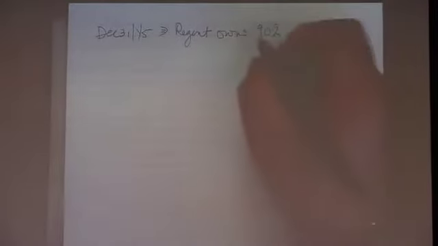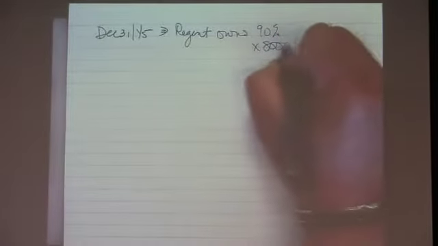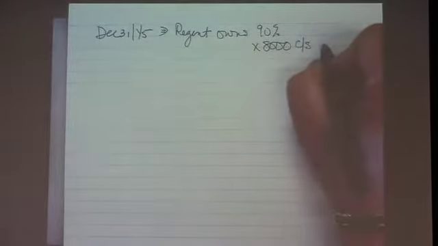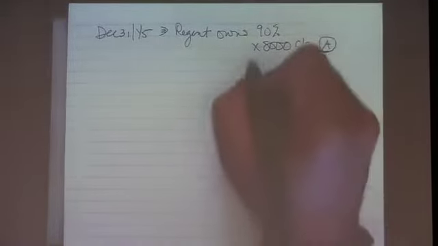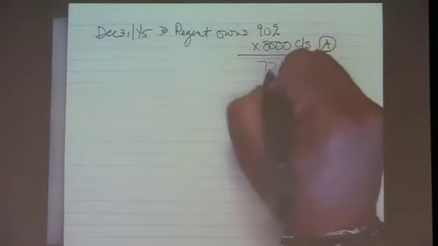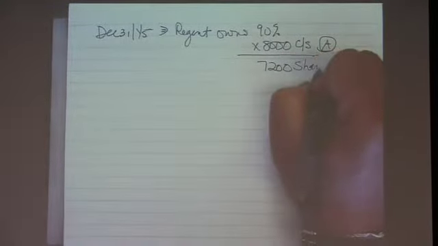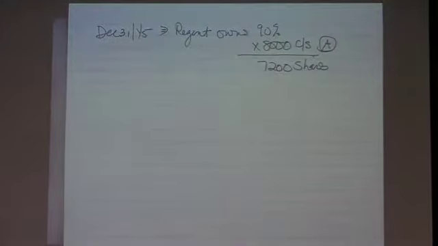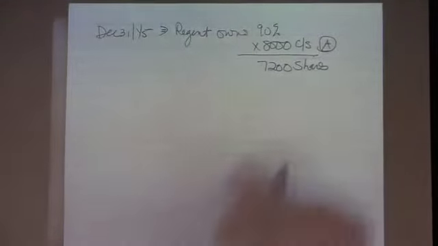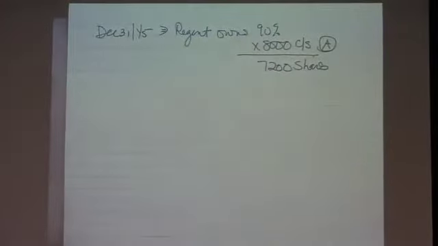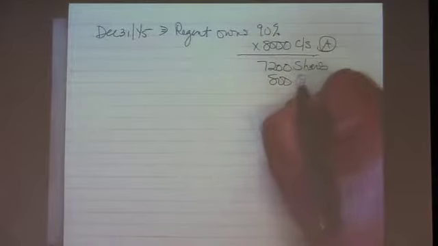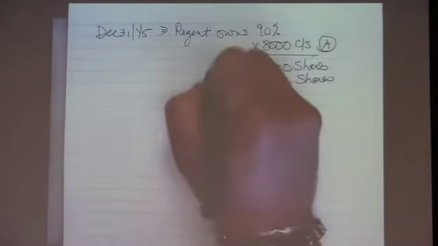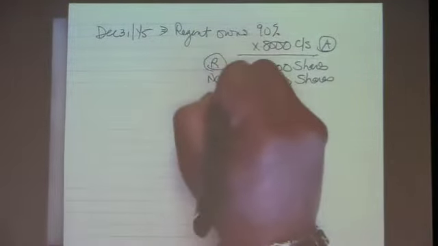There are 8,000 common shares of Argyle. I'll put down the letter A for Argyle, and that gives me 7,200 shares. So 7,200 shares is what Regent owns, and of course, the 800 shares is the non-controlling interest. So this is R and NCI.